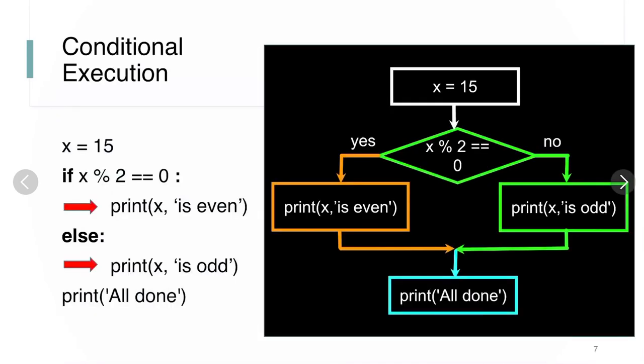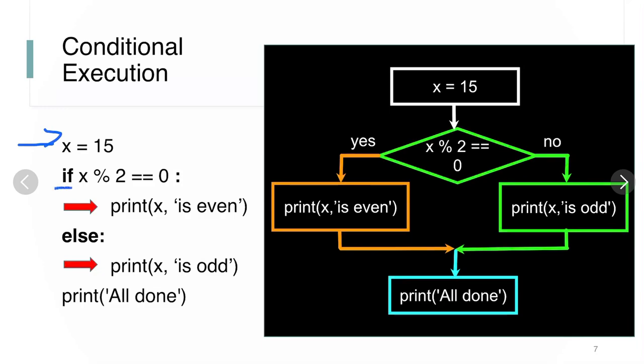So here's an example of an if statement in Python. So basically, an if statement is where the decision is made based on some logical expression or Boolean expression. So here x is assigned 15, and then we have a comparison if statement.